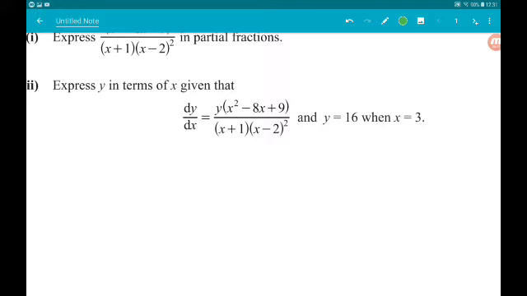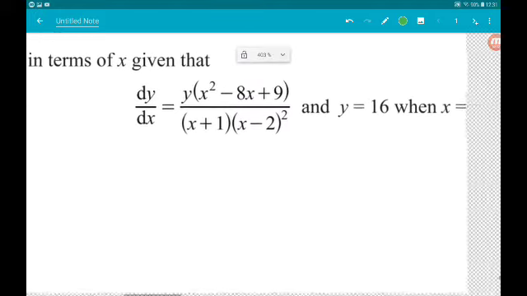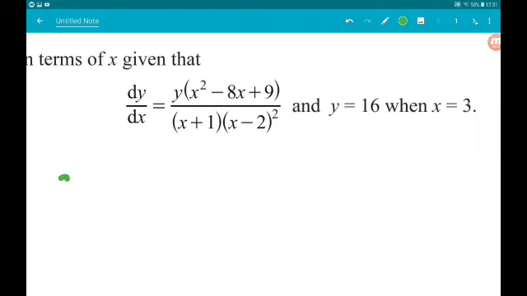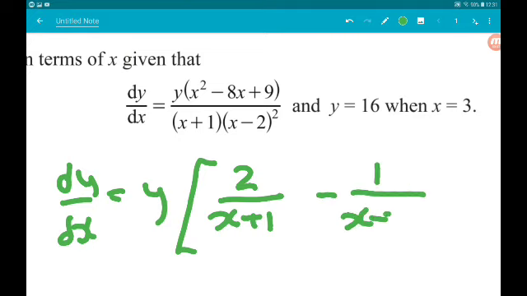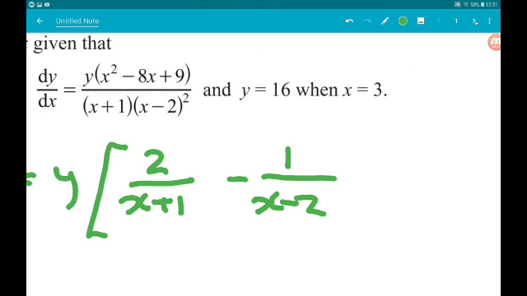So using what we've done in part 1, we can say dy by dx is equal to y times (2 over x plus 1, minus 1 over x minus 2, minus 1 over (x minus 2) squared).